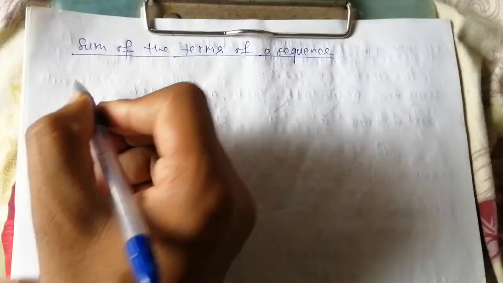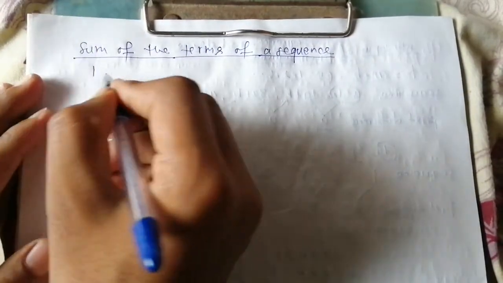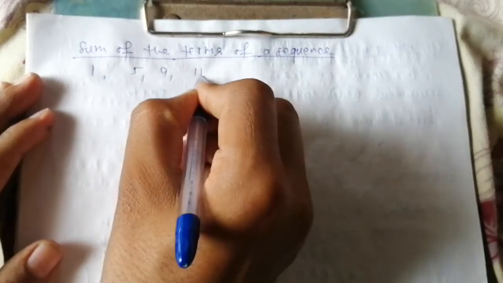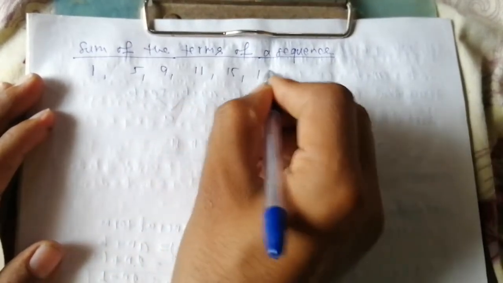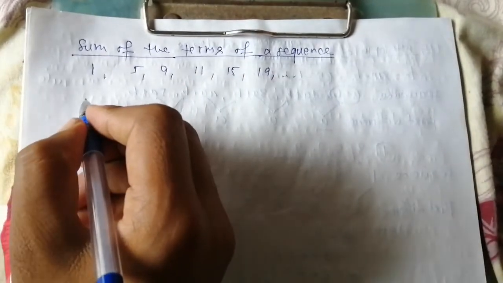Now, sum of the terms of a sequence. Suppose a sequence is given: 1, 5, 9, 13, 17. These types of sequence can be directly added.